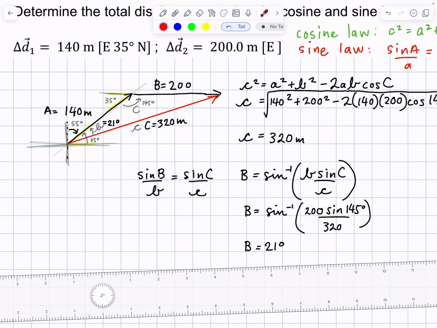In order to find the angle which determines the direction of our vector, which we'll call theta, we know theta is equal to 90 degrees minus 55 degrees minus 21 degrees. If we punch that into our calculator, 90 minus 55 minus 21 is 14 degrees.